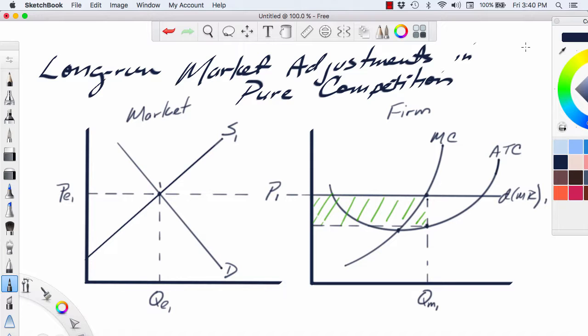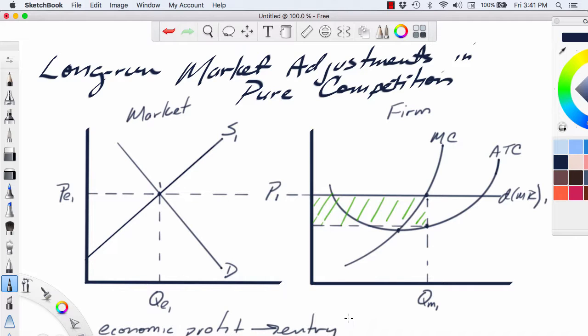So this firm, say it's a corn farmer, is earning a profit. However, that profit position will not last for long. You go, how do you know that? Well, let me just write out some logic down here at the bottom. When a firm is earning an economic profit, that profit will lead to what we call entry.